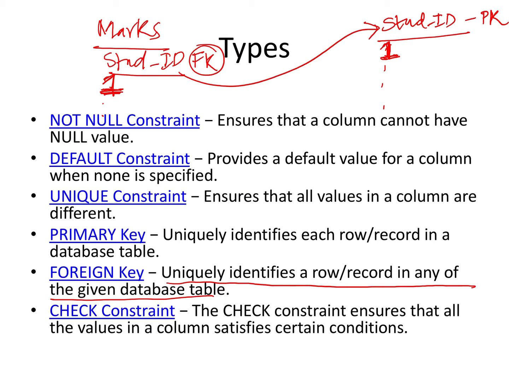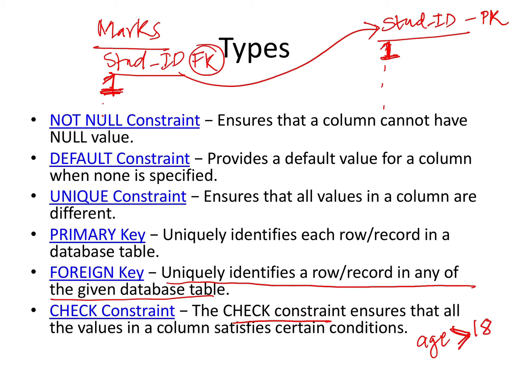Then check constraints. There's another concept known as check constraint, wherein I can give a particular condition and check for that condition. For example, if I want the student age to be more than 18 to take admission in our college, or in some course, I can mention that check whether age is greater than 17.